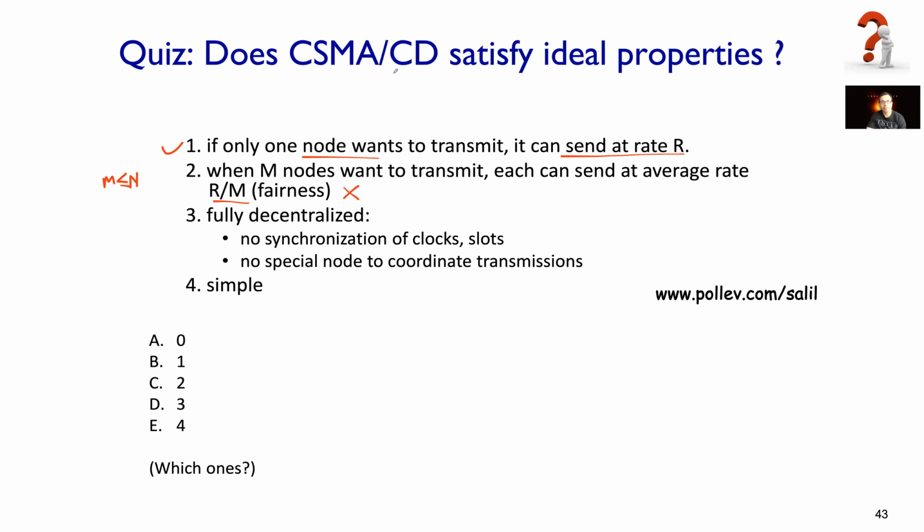Certainly CD reduces the wastage, but we are still going to have a substantial amount of the channel capacity being wasted. So we will achieve fairness in that on average, each node will get a reasonably equal share, but they will not achieve R by M. It will be less than R by M, right? So it won't meet this.